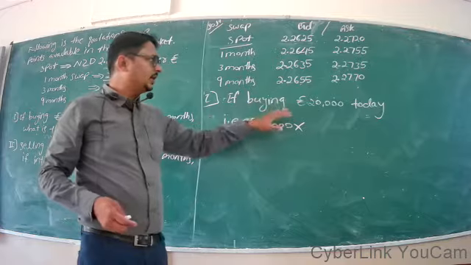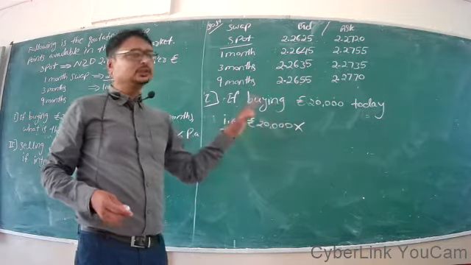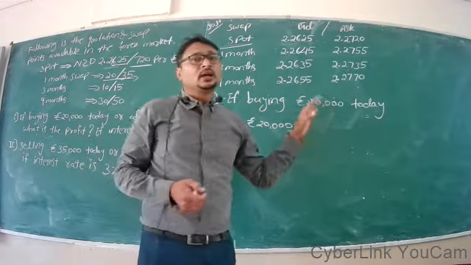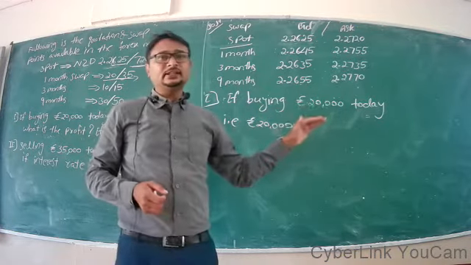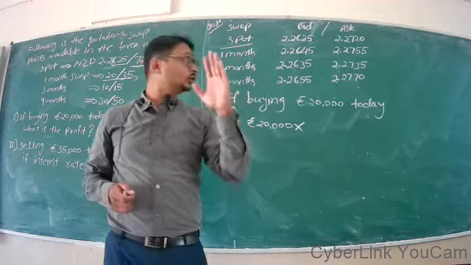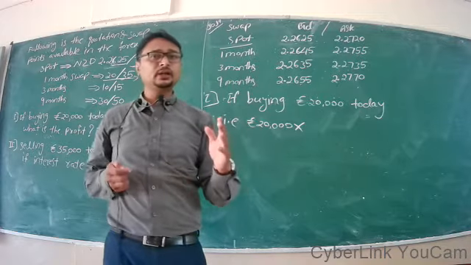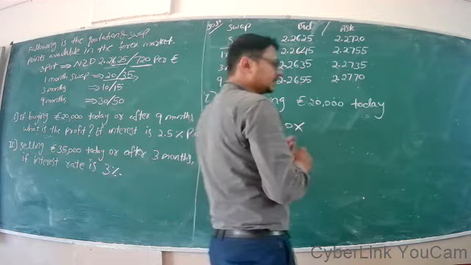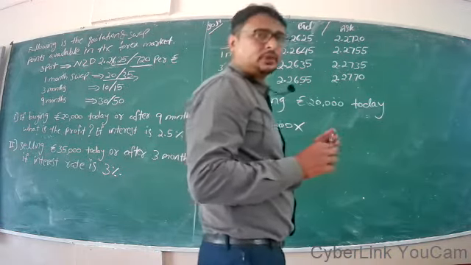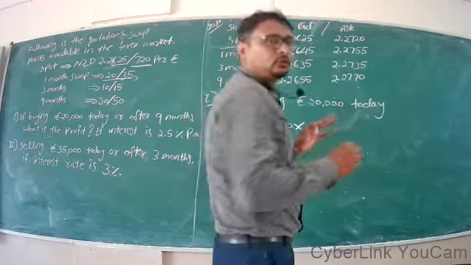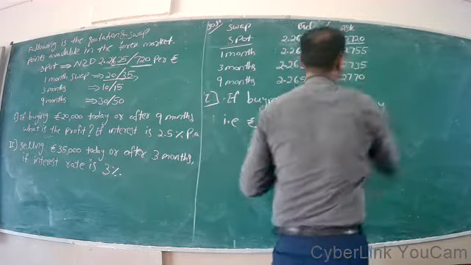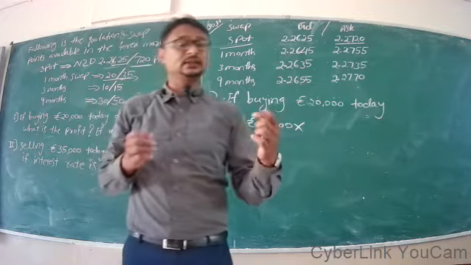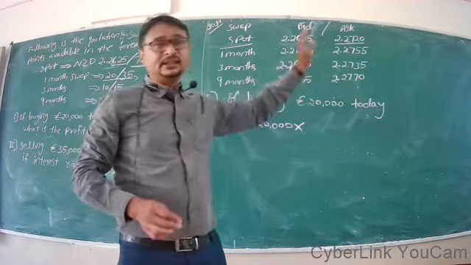So you are buying 20,000 euro, because this thing in the earlier class I have also explained. If you are buying the foreign currency, then eventually you are the importer. So for an import related question, you have to focus always on the ask price, because you as an individual are the buyer and the market is the seller.